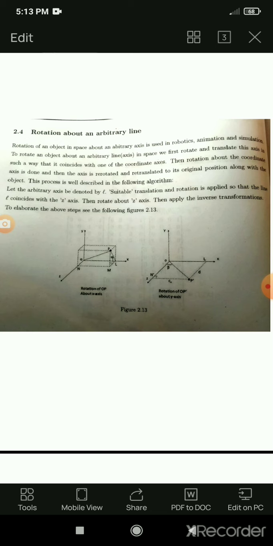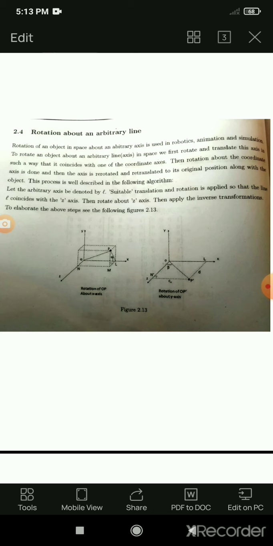First, let the arbitrary axis be denoted by L. Suitable translation and rotation is applied so that the line L coincides with the z-axis. Then rotate about the z-axis, then apply the inverse transformation.